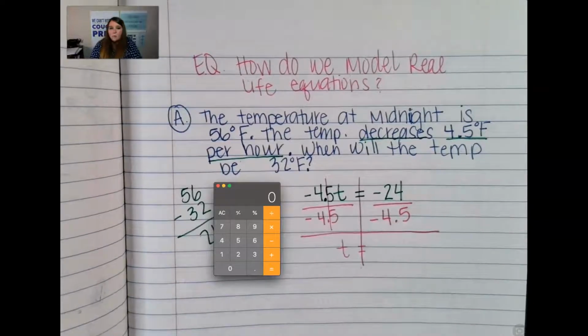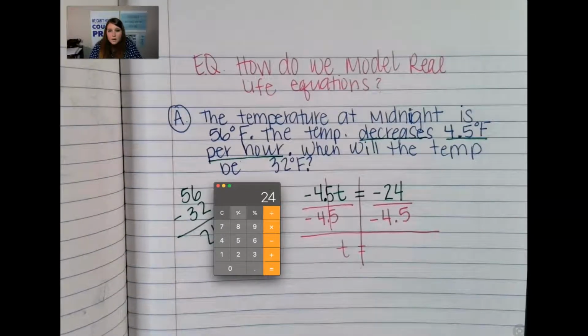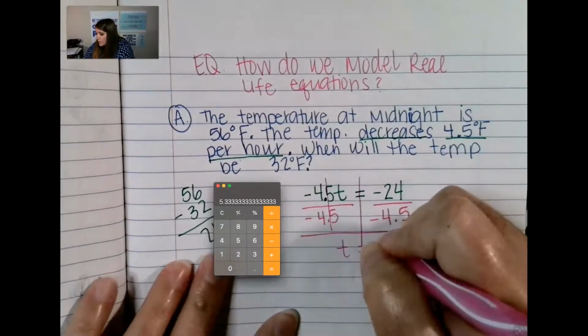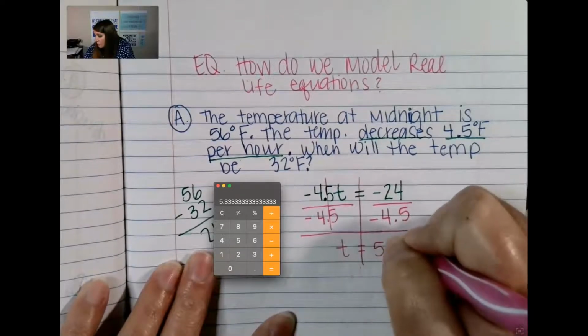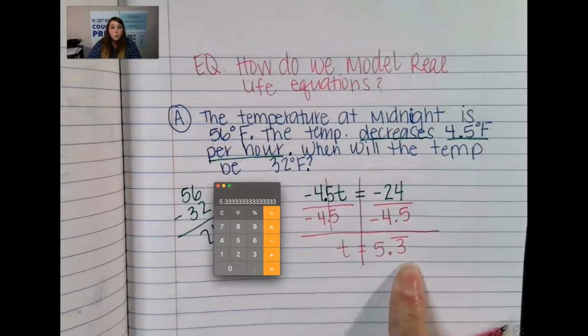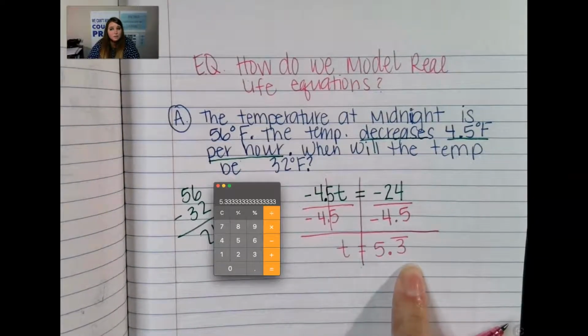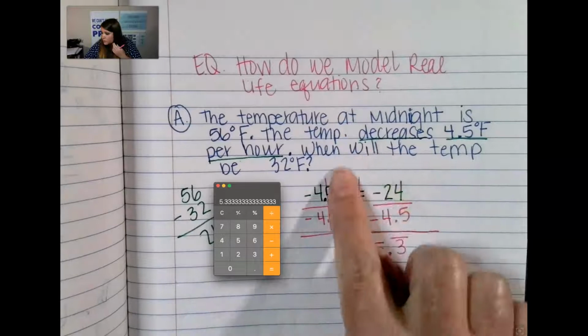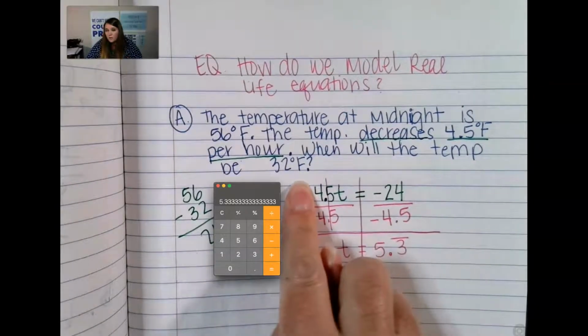Now we have negative 24 divided by negative 4.5, and that gives us 5.3 repeating, or 5 3/10, or 5 33/100. Your choice. So what does this mean? When will the temperature be 32 degrees Fahrenheit?